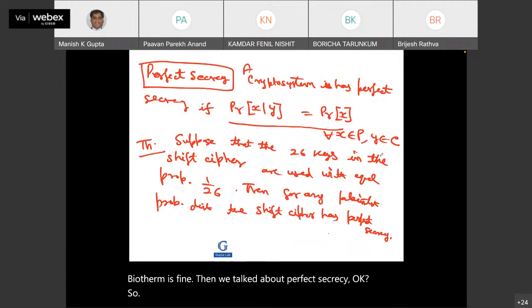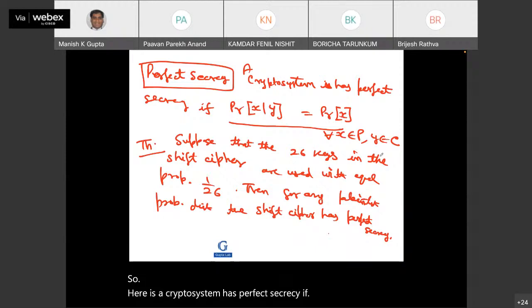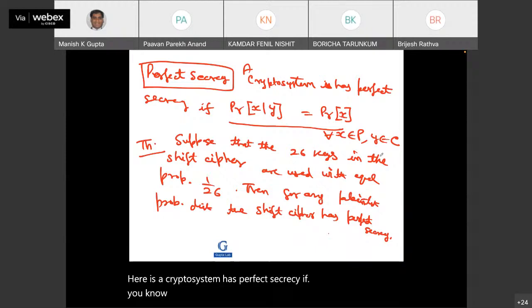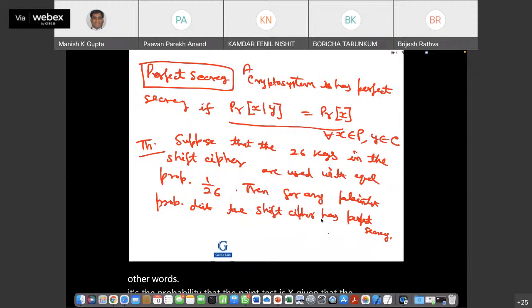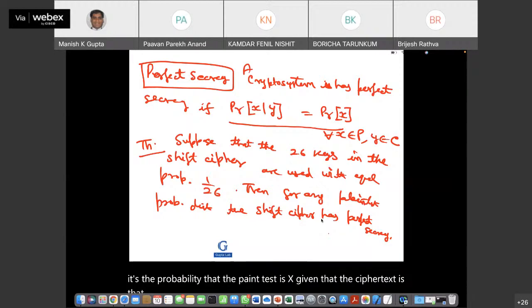A crypto system has perfect secrecy if the conditional probability of x given y is the same as the probability of x, for every x in P and for every y in C. In other words, the probability that the plain text is x given that the ciphertext y is observed is identical to the probability that the plain text is x.